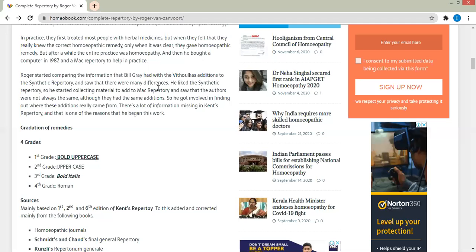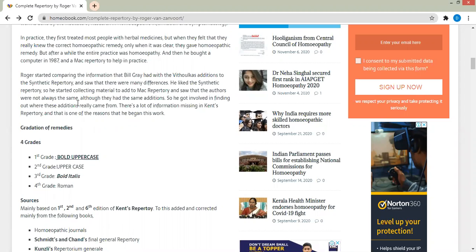So when Dr. Roger Van Zandvoort went through the additions to the synthetic repertory, which were done by Bill Gray with Vithoulkas, he saw that there were many differences. He liked the synthetic repertory, so he started collecting material to add to MacRepertory and saw that the authors were not always the same.